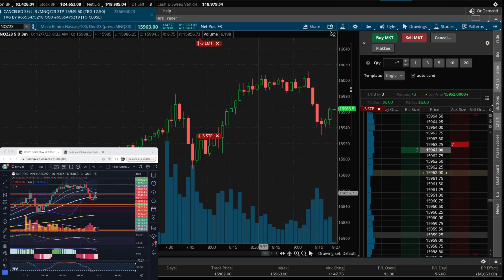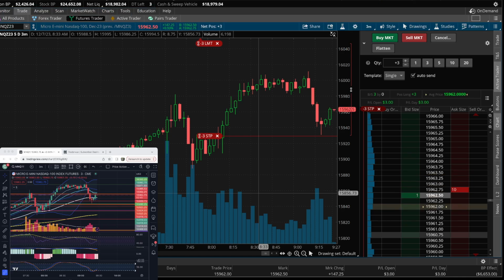All right, this is going to be a long with 3 contracts on the micro E-mini Nasdaq 100 futures.